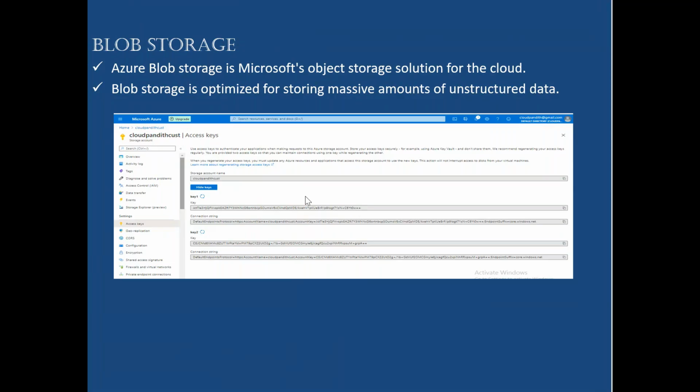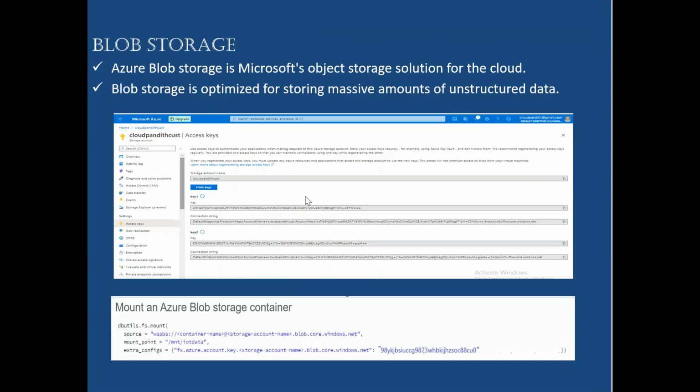What is a mount point? I'll explain to you in some time. So how to create a mount point is like this. This is the code for creating a mount point. If you see, your main folder that you want to attach, storage account name, and here you need to add the container name, storage name again, and access key. Access key means this.